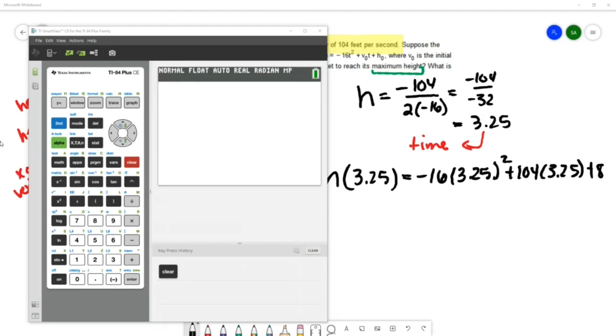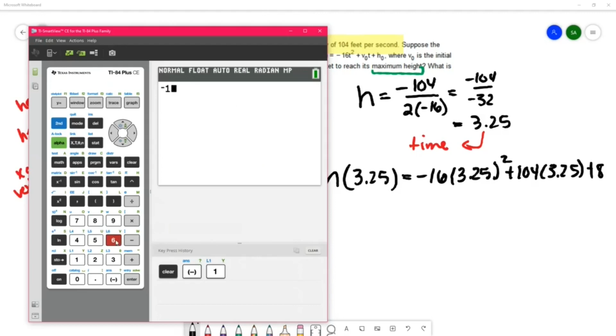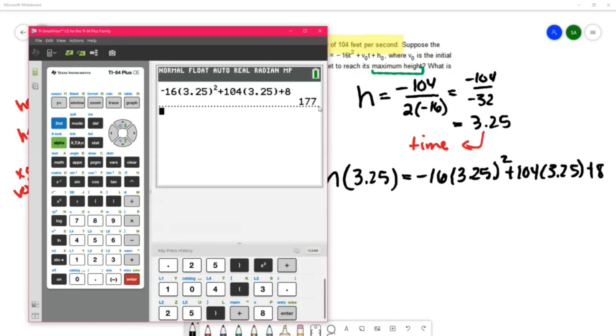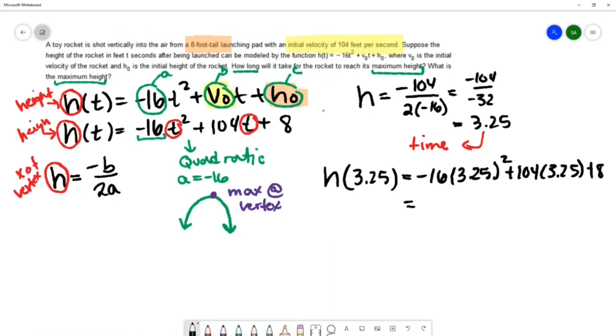In the calculator, we have negative 16 times 3.25 squared plus 104 times 3.25 plus 8, and that's 177.